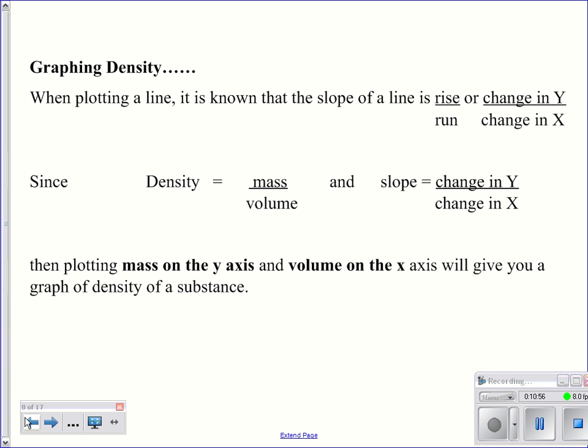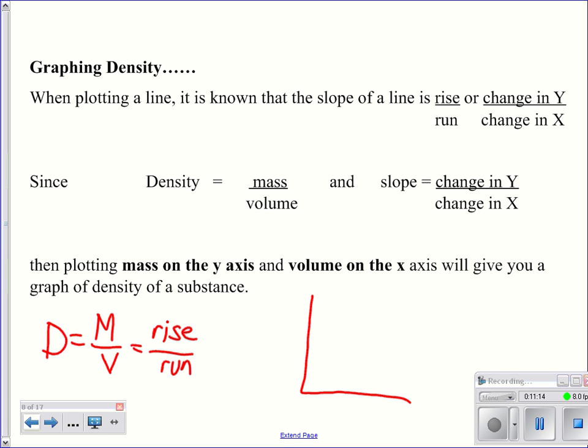For this, let's remind ourselves first, density is just mass divided by volume. So if you think about this as being your rise over your run, when we graph this up, we are going to want to make sure that the rise is on the y-axis, so that's going to have to be your mass, and your volume is on your x-axis.